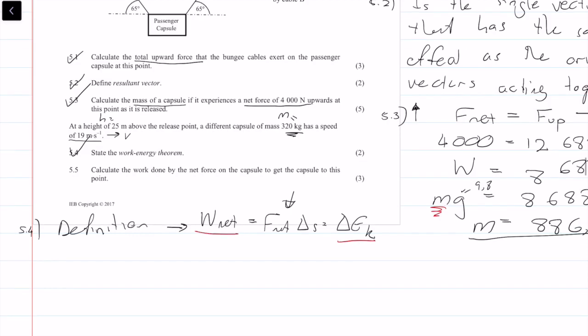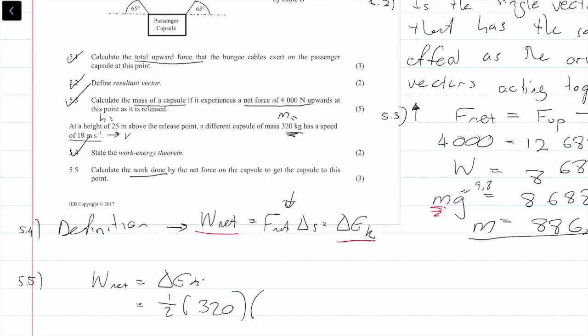Okay, so question 5.5. Calculate the work done by the net force on the capsule to get the capsule to this point. So we want to know the work done by the net force. Using the theorem, we can say that work net equals change in EK. So the work net equals half times the mass of 320 times the change in velocity.